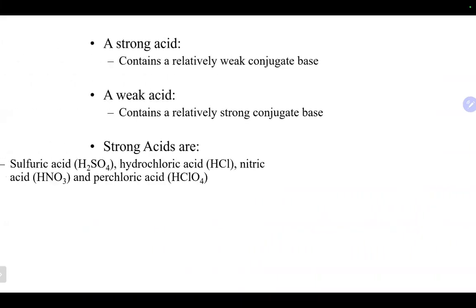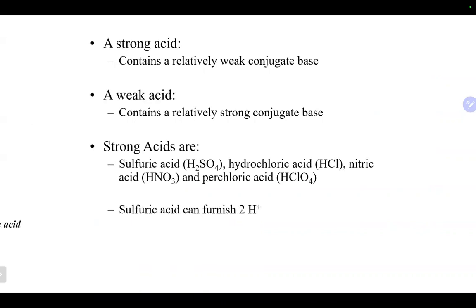There are a couple of important relationships that help us understand why certain things happen. There is a relationship between an acid, and even a base, and its partner on the other side. When you have an acid, its partner on the other side of the arrow is the conjugate base.